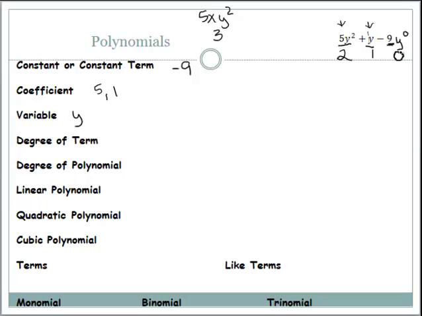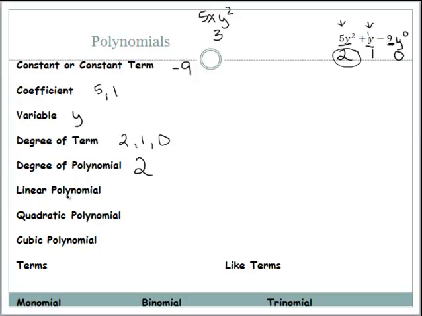That means the degree of this one is 0. So the degrees of the terms in this polynomial in the order that they appear is 2, 1, 0. The degree of the entire polynomial is the highest of all the terms' degrees. So the degree of this polynomial would be 2.